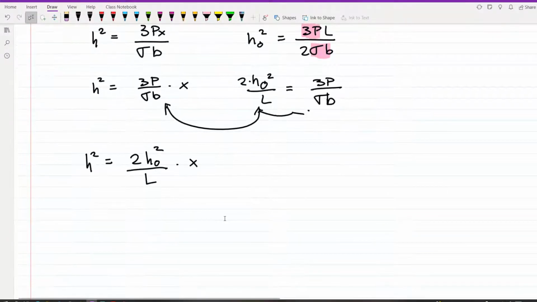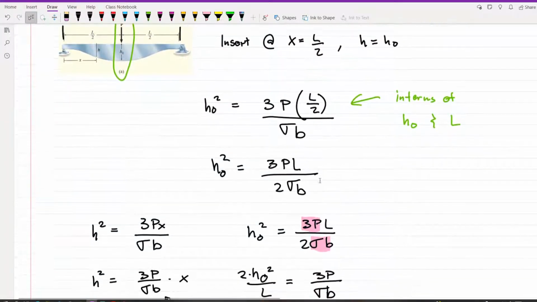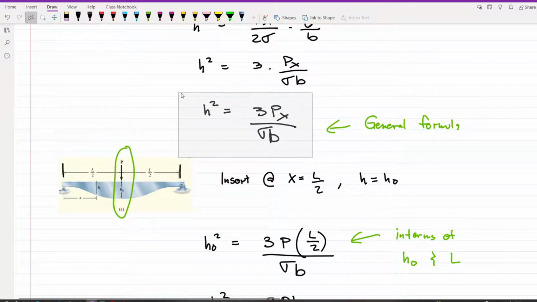Which is ito ay function siya ng x. Tapos kung alam mo yung L or yung total length ng beam mo at yung point na kung saan ka magkakaroon ng pinakamakapal na HO. Pero ito yung general formula. General formula. Kapag x lang ang alam mo, I mean, in terms of x.